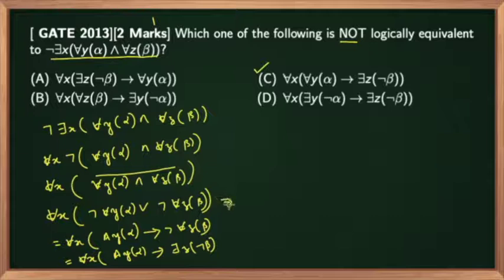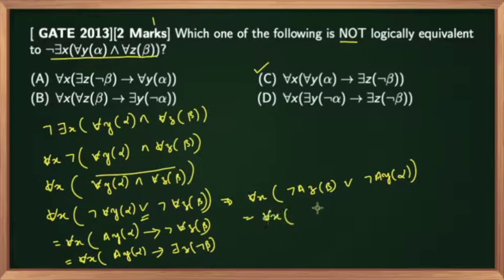If you see here, I can write for all x, this is an OR. So A or B will be equal to B or A, right? So I can write it as for all z beta or not for all y alpha. This I can write as for all x, for all z beta implies there exists a y not alpha, right?